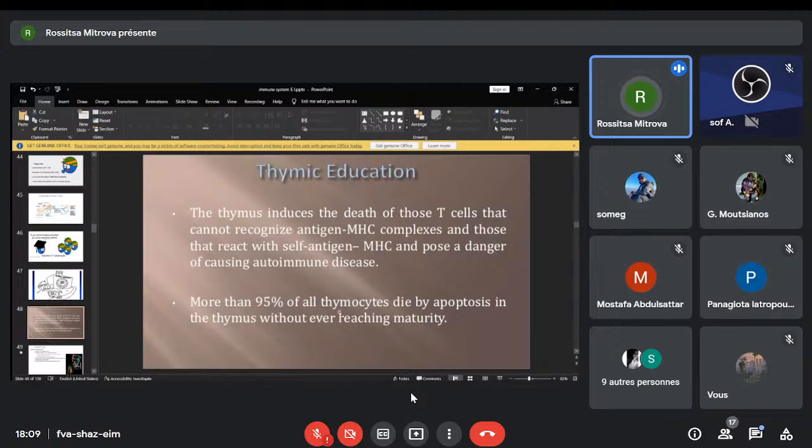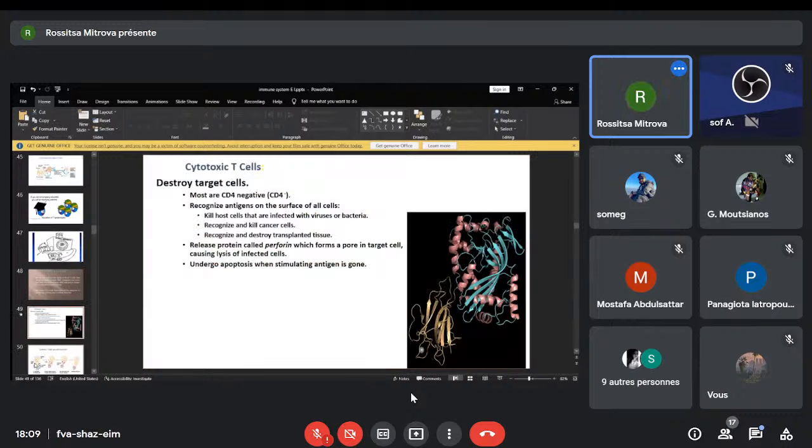And you have to know that more than 95% of all thymocytes die by apoptosis in the thymus without ever reaching maturity. So the students that leave the Thymus University are only 5%, but they are very well educated.